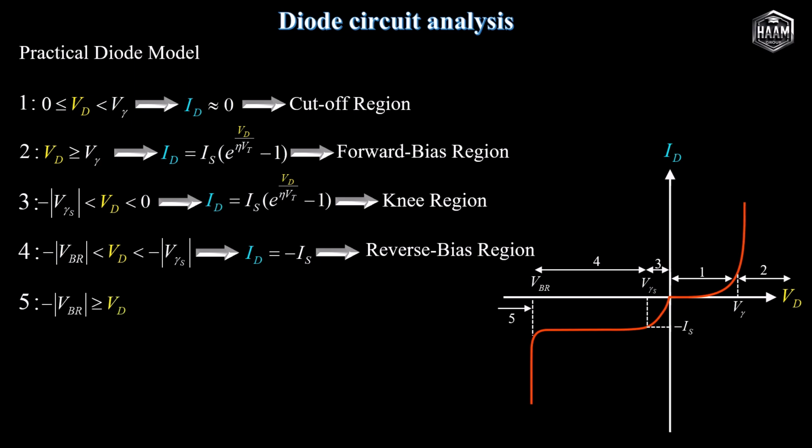In region 5, the diode voltage V sub D clamps near the constant breakdown voltage value, while the reverse current I sub D can vary significantly depending on the external circuit impedance. The diode has now entered the breakdown region, widely known as the Zener or avalanche breakdown region.